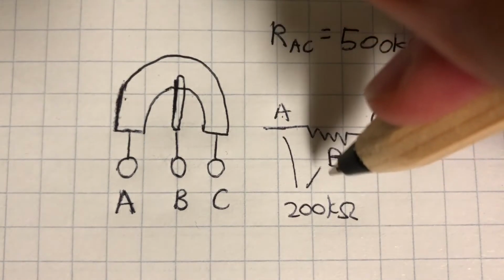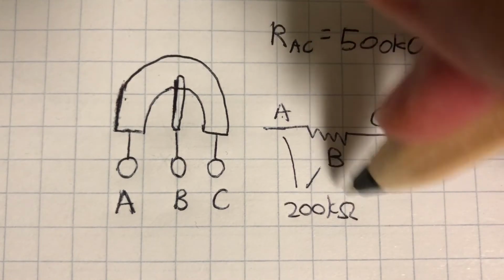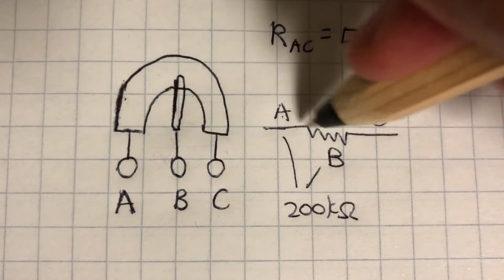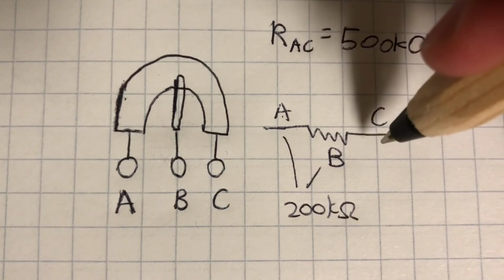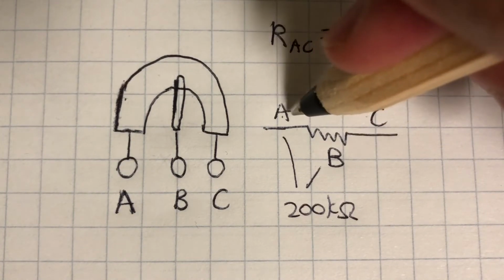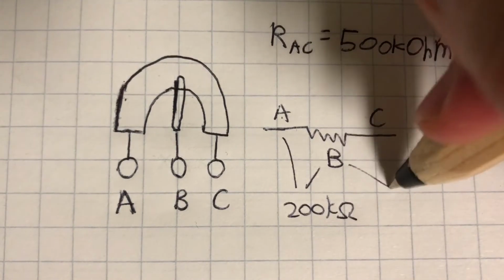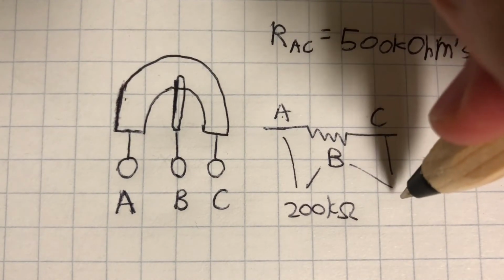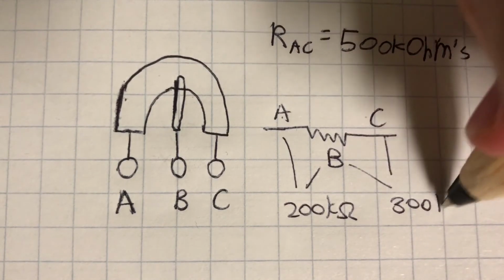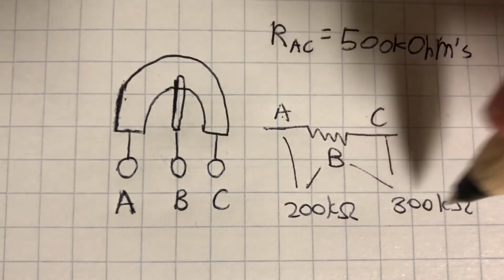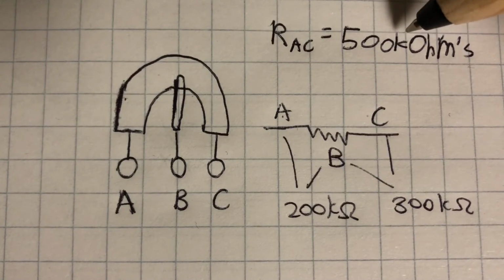The sum of A to B and B to C must equal A to C. So this means that B to C is going to equal 300 kilo ohms, because they have to add up to 500. And that's really one of the key ideas here.